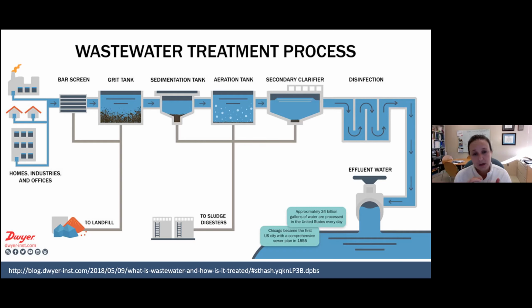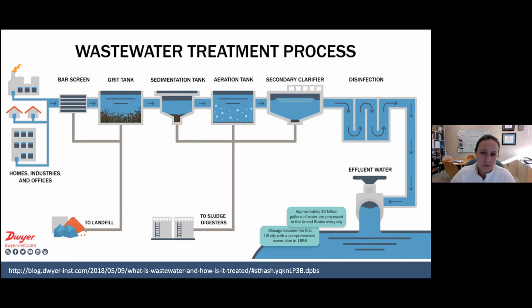That could be the outlet of a dorm or a building, or a manhole just downstream of a nursing care facility. A lot of the work we've done is at the influent of a wastewater treatment plant, so everybody in the community that's attached to the influent.